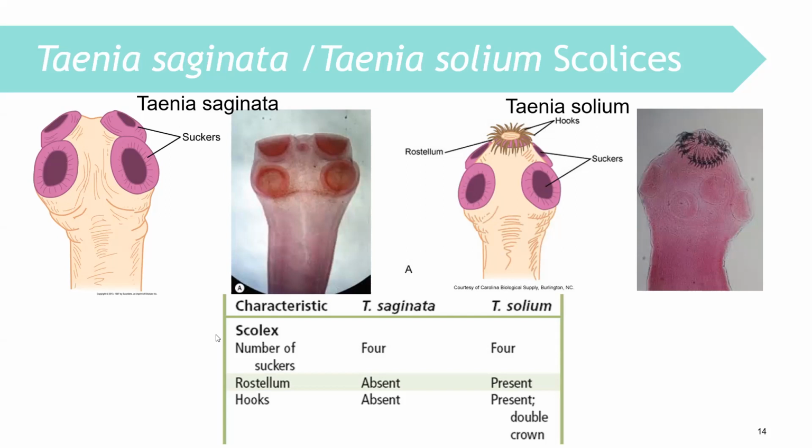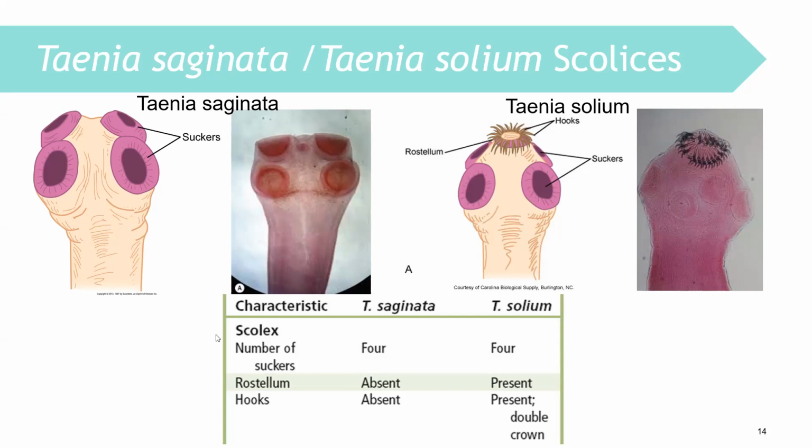Next, in terms of similarities, they have the same number of suckers or the ventral suckers. Quadrate, 4 ventral suckers for both saginata and solium. All right.